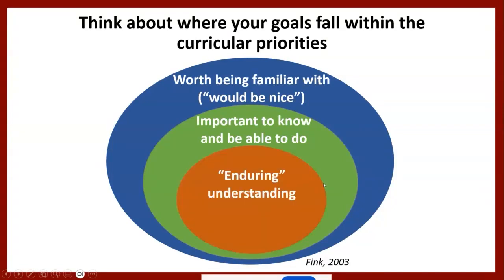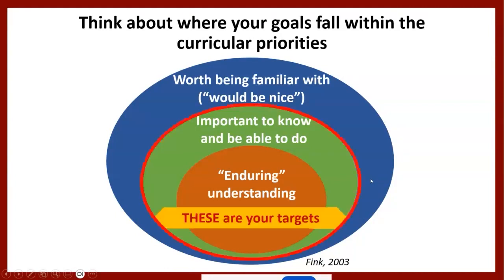And then there is also this enduring understanding: if students take away anything from the course, these are the key things I want them to take away. So when you design a course, you cannot do all of these, but what you need to focus on, your goals for your students, should be what's important to know and do and the enduring understanding.